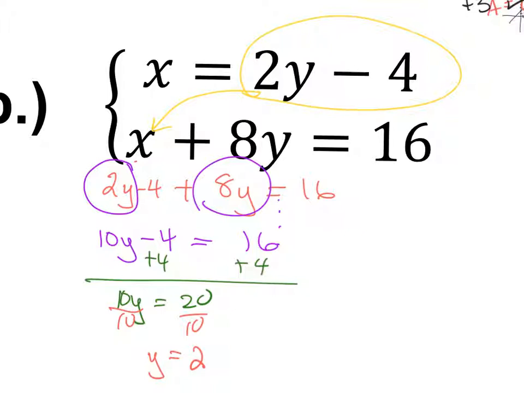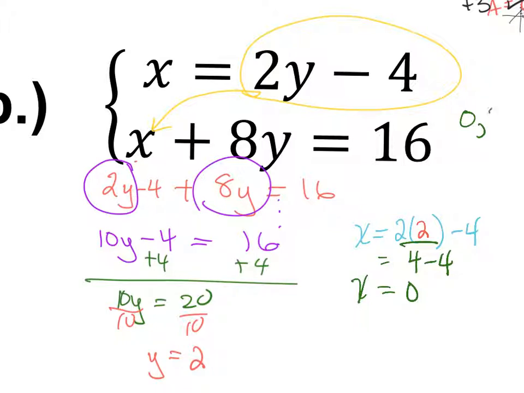So x is equal to 2 times y minus 4, where y is 2. You go ahead and perform your operations. 2 times 2 is 4, minus 4, 0. So x is 0. So 0, which is what x is equal to, comma 2, is the solution.